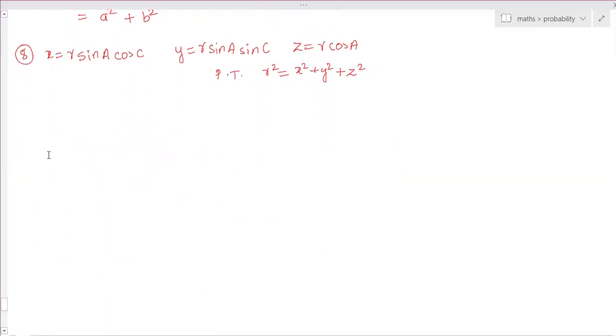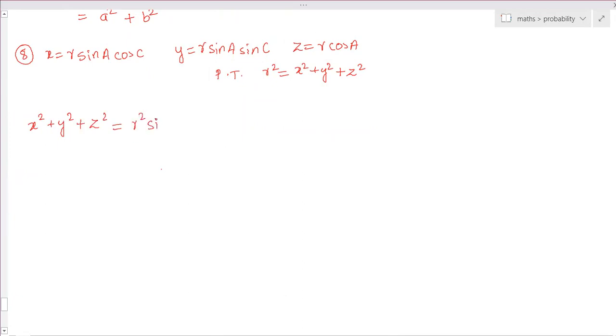Here we have the value of X, Y and Z. So we'll start with X square plus Y square plus Z square. What is X square? This is a product, so take the square of everything.